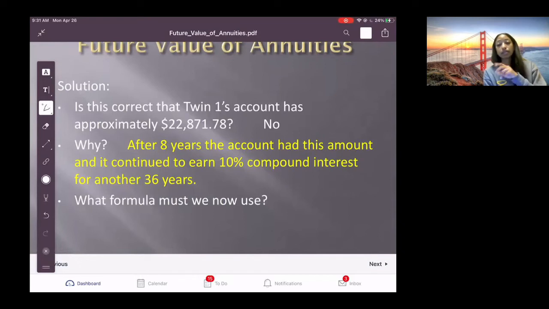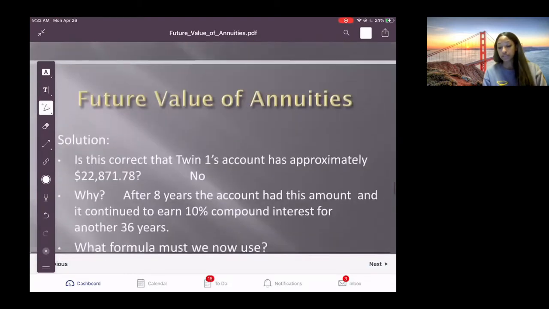So now for the second part here, we're going to take this amount that we just calculated and use the compound interest formula to figure out how much that grows to if it's earning 10% interest for 36 years and we're compounding annually. So what formula do we need to use in order to solve this?